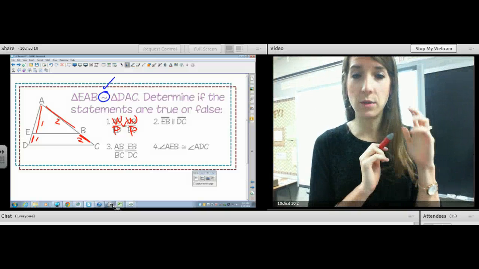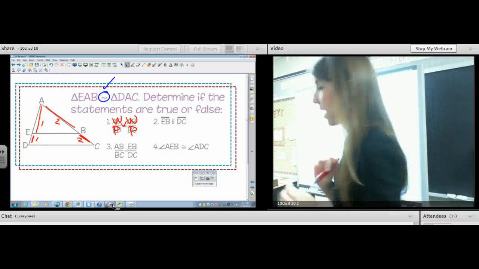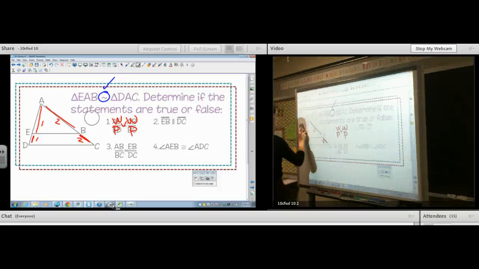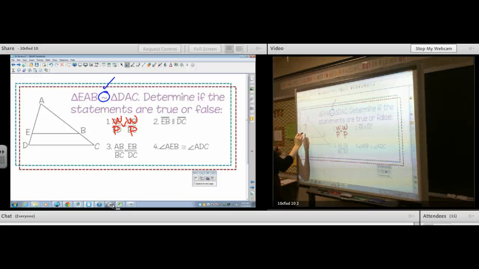Now let me tell you what students try to do that is not okay, and students do this all the time. Are you watching? I hope you're watching. That's your job. A lot of times people do this. 7 is to 3 as 4 is to 9.